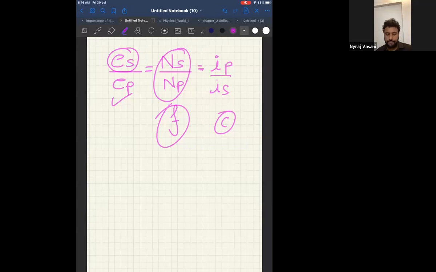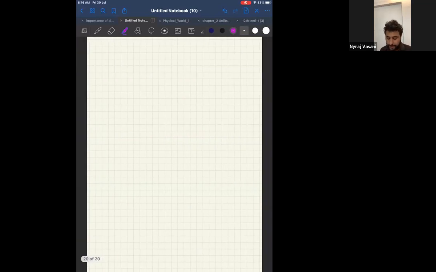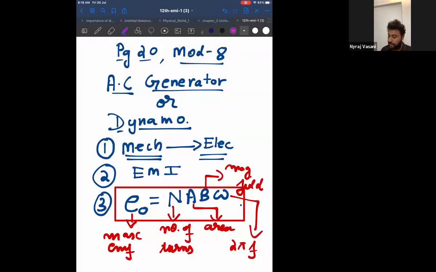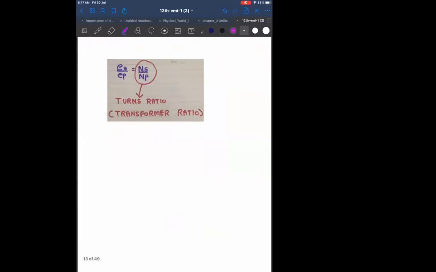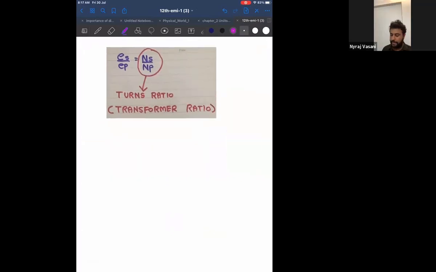So now listen. What they're saying, the turn ratio of a transformer is given as 2:3. Now, what is turn ratio? I just showed it to you: NS upon NP is called my turn ratio.